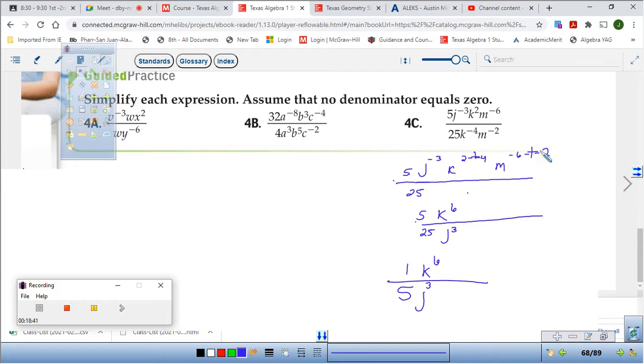This one over here becomes a plus here, becomes m to the -4. I don't like it there, so I'm going to throw it to the other side down here. So it becomes m to the 4. And there it goes. That's not my answer. If I get rid of this one, then yes, that's my answer.